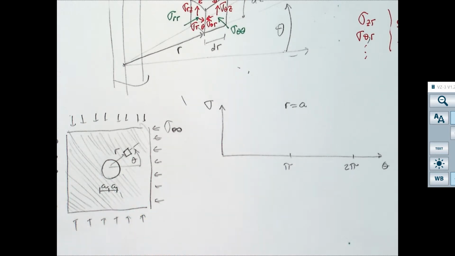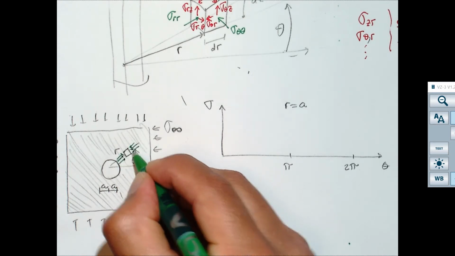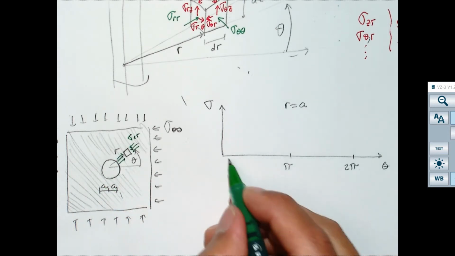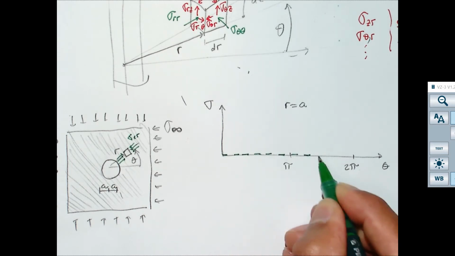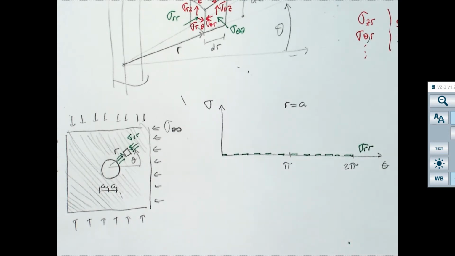So the radial stress sigma RR at the wall of the wellbore is going to be 0. Do you understand why this is 0? Sigma RR is 0 because there is nothing on the wall of the wellbore.